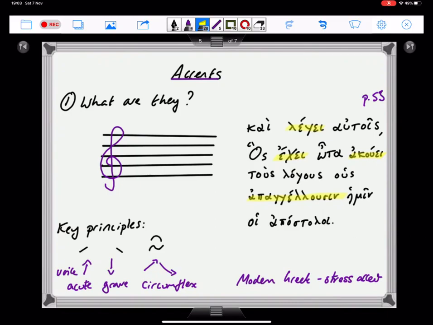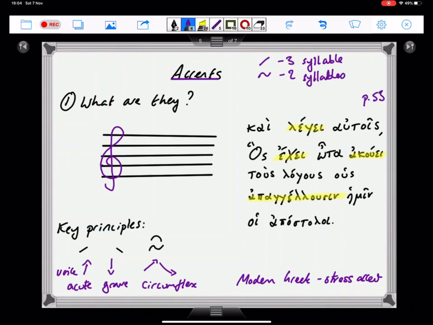That means that the accent will go as far back as it can on that word. And the rules are acute can go 3 syllables back. You count from the end of the word. And circumflex can go 2 syllables back. It depends on how long all the syllables are, but that's your maximum count.